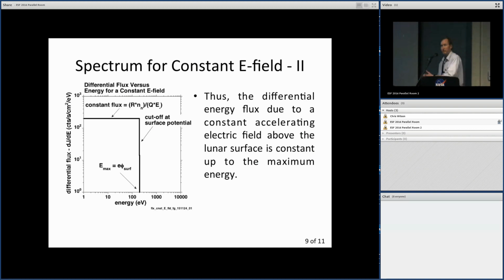So again, this stairstep flux profile is the predicted spectral form for photoions accelerated by non-monotonic potentials above the lunar surface.